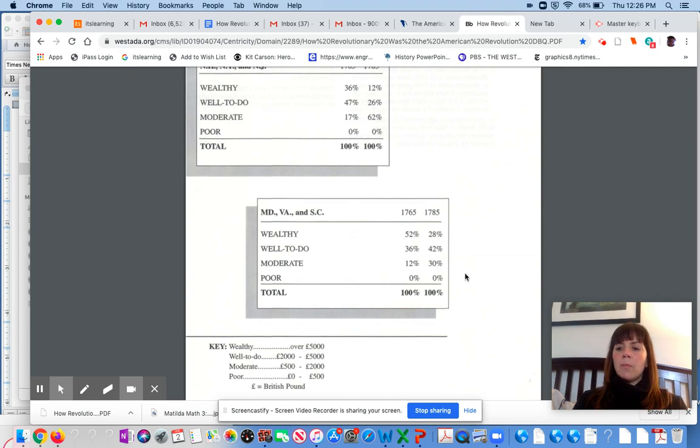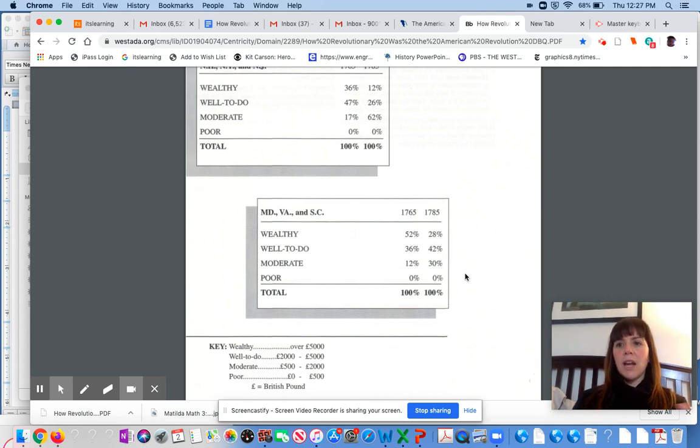So these numbers are not overwhelming, right? There are trends towards democratization, which is a fancy way of saying more people have a larger say, and those people tend to not be extraordinarily wealthy. You're seeing trends. You're not seeing the system being pulled down. You're not seeing class warfare.